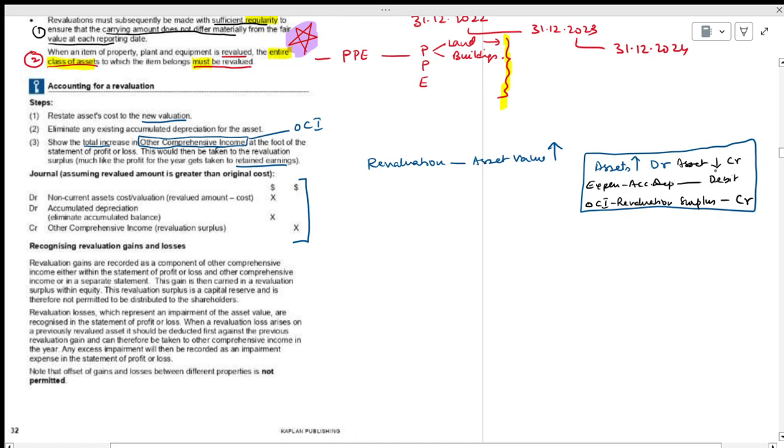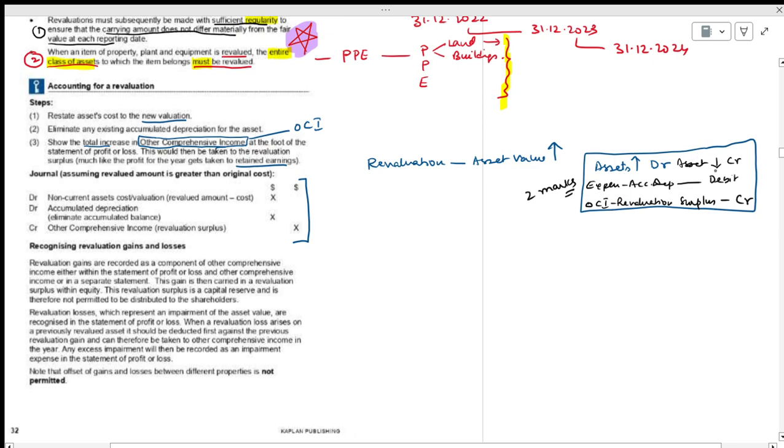If they ask in the examination, they will ask 3 or 4 journal entries, and we have to write them. Even in some cases they will ask in MCQ also. See the thing: debit non-current assets, cost, valuation, revalue.